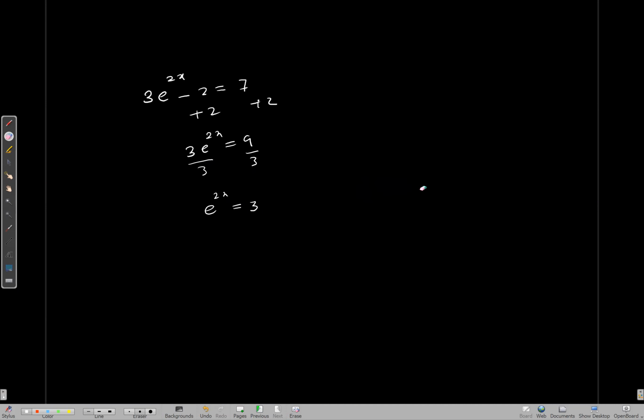So what you need to do at this step, remember guys, this is the most important thing: take the log of the same base on each side. In this case, take log base e, which is the same as ln.